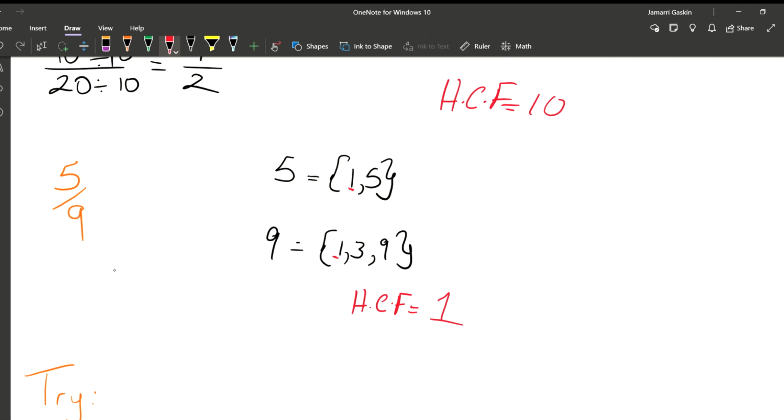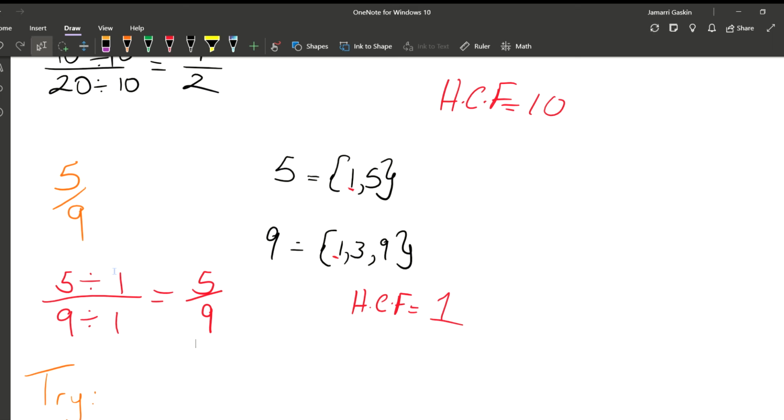Well, we can divide everything by the HCF, which is 1. So 5 divided by 1 and 9 divided by 1. But if you remember, when you divide something by 1, it stays the same. So 5 divided by 1 is 5, 9 divided by 1 is 9. And this is interesting because 5 over 9, when we write it in its lowest terms, is still 5 over 9.